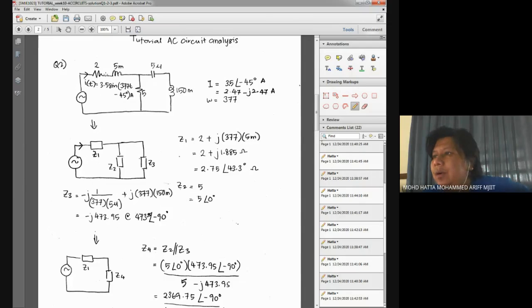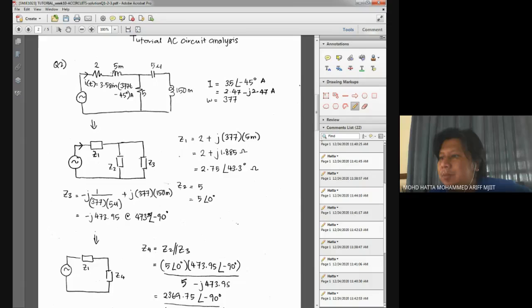And we have about 5 elements, and all elements are given in terms of their particular units. For example, the inductor is given in Henry, and the capacitor is given in Farad. We have a question.